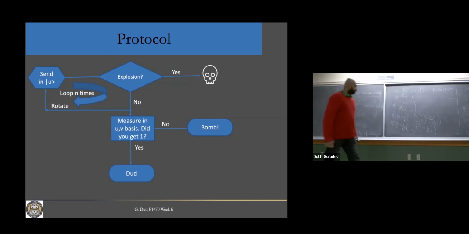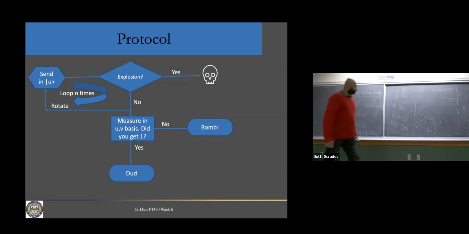And what happens if it's a dud? Well, if it's a dud, remember the qubit basically is rotated by epsilon and gets sent back here. So the second time it gets rotated again by epsilon. After n times, it has rotated by n epsilon. Because it's a qubit, it remains in this qubit state. So starting with 0, it's rotated n times by the angle epsilon, but epsilon is pi over n.